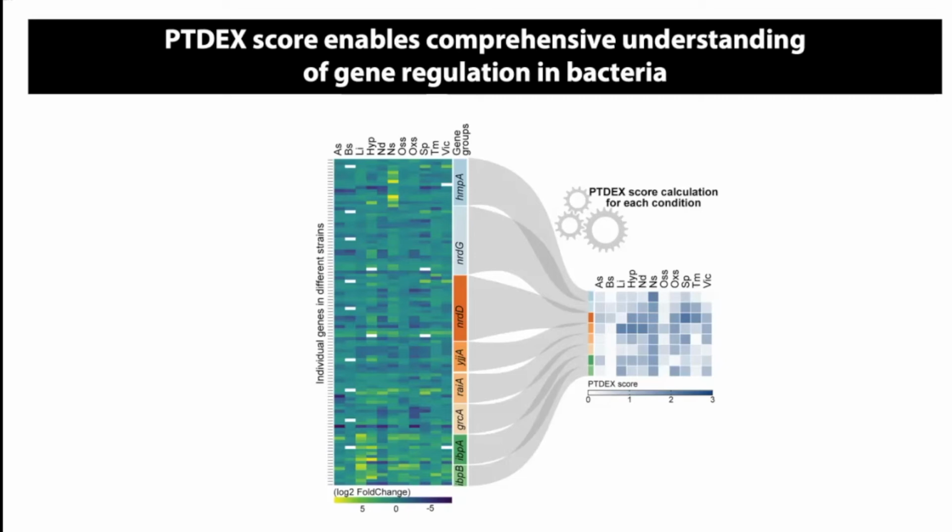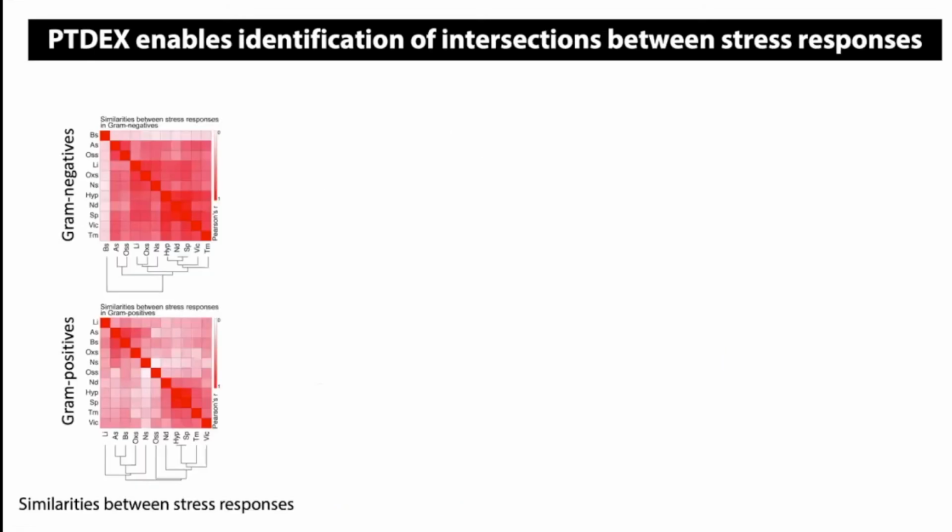So now we see that hmpA genes from different pathogens are mostly regulated in nitrosative stress. Of course, we could do more with this, and we went to look at how the stress responses are similar in the bacteria that we tested.